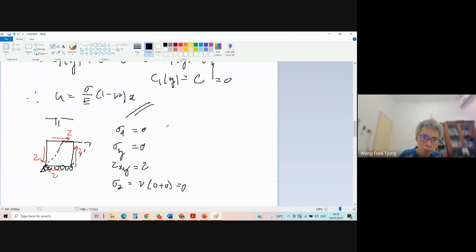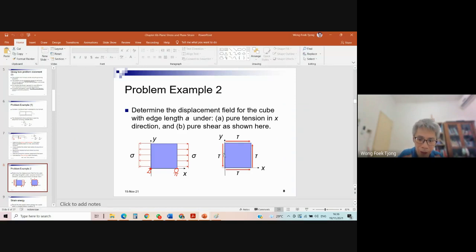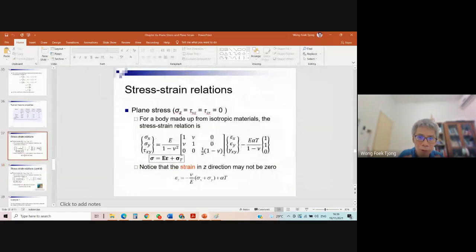And what do you get from here? Either using the assumption of plane stress or plane strain, you will get, for example, epsilon x. What is epsilon x? You can use the same formula, 1 over E, sigma x plus nu sigma y, plus this one. Plus or minus? Minus, I think. Let me take a look. Minus, right?